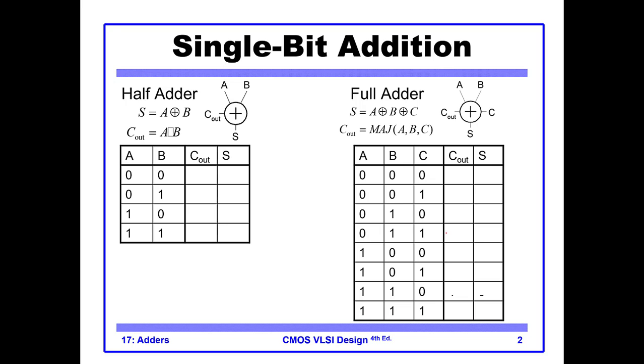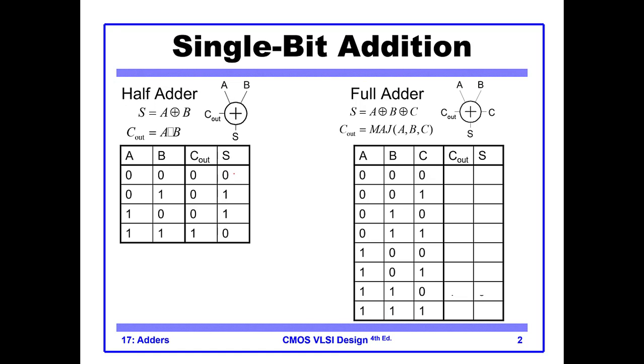So let's see how an adder works and what the potential problems in an adder are and how we can alleviate some of those problems. So we have a half adder here which does not have a carry in, and the truth table is: for A equal to 0, B equal to 0, C out is 0, sum is 0, and so on.